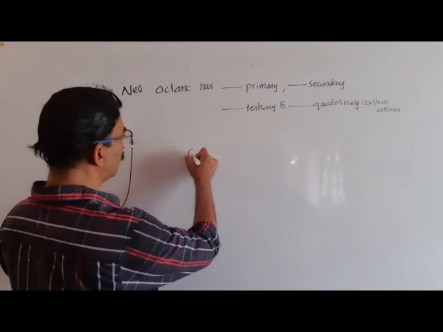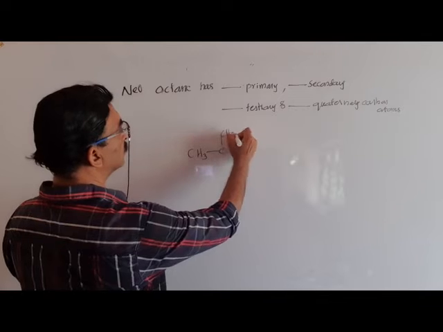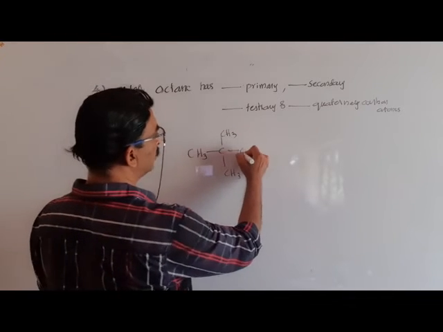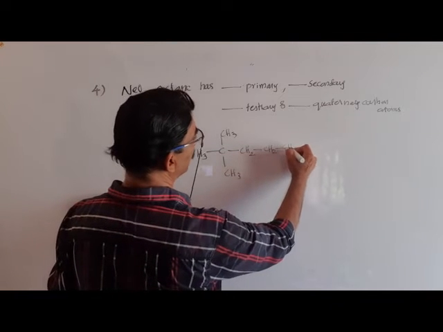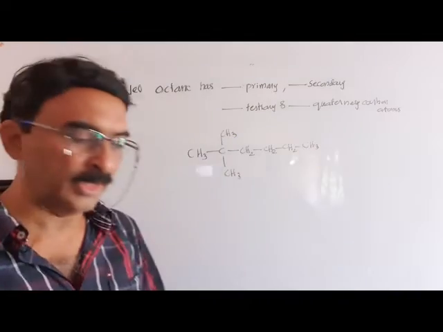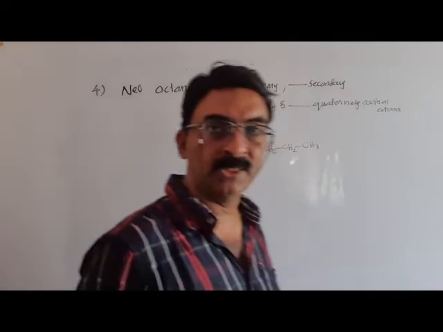Neooctane. We know how to write it. 1, 2, 3, 4, 5, 6, 7, 8. So this is neooctane. Now we will mark primary, secondary, tertiary and quaternary carbons here.